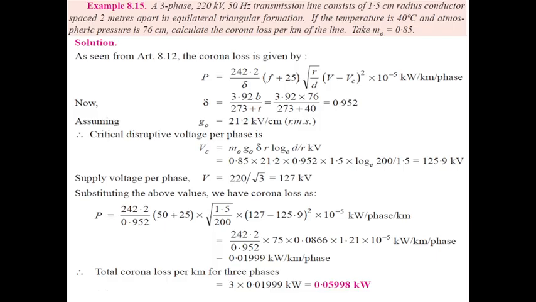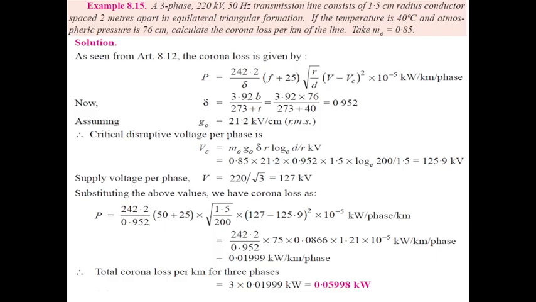First, the air density factor delta is calculated using the standard formula, resulting in a value of 0.952. The dielectric strength of air is assumed as 21.2 kilovolt per centimeter RMS. Using these values, the critical disruptive voltage per phase is determined by applying the corona inception voltage formula, giving Vc equal to 125.9 kilovolt.